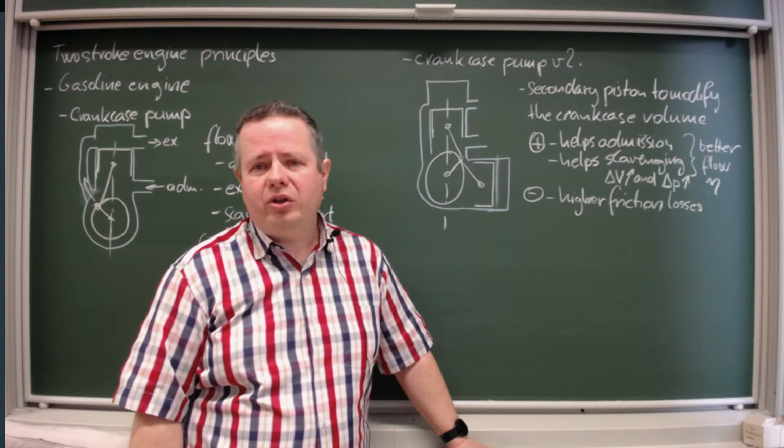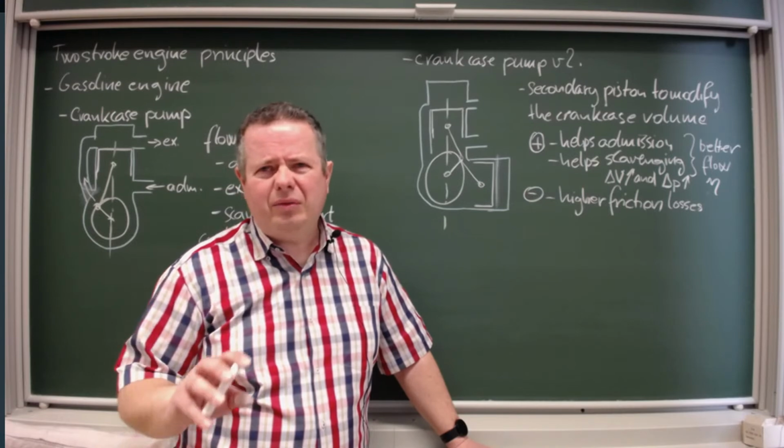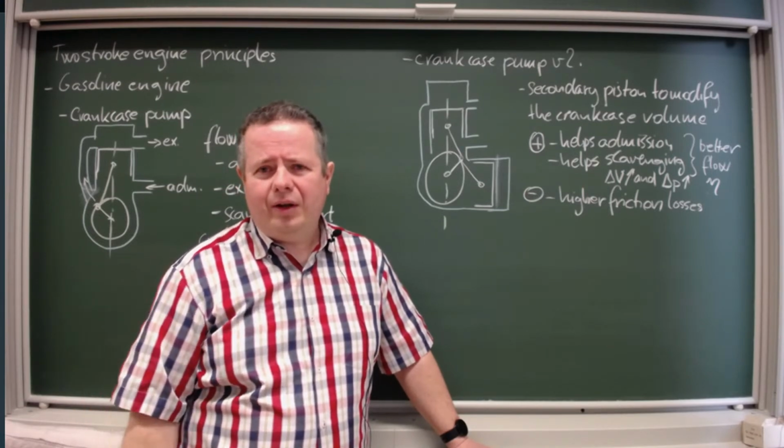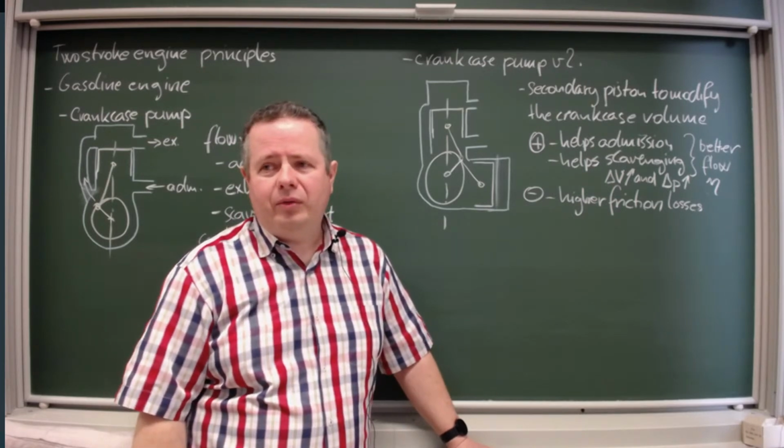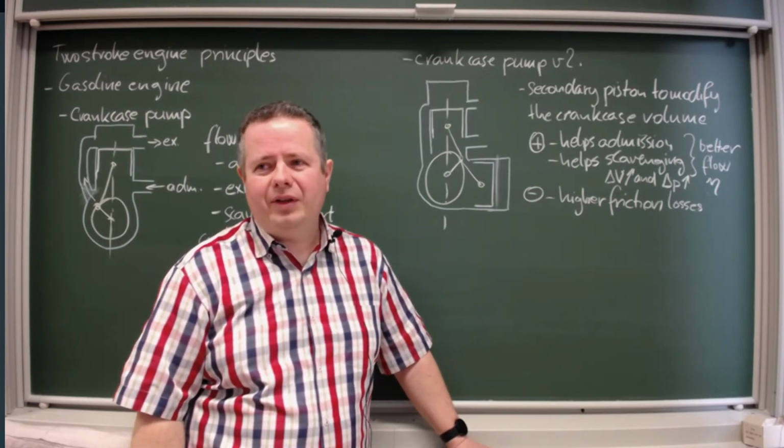A normal two-stroke engine has a specific consumption of about 250, 300 grams per kilowatt hour. An engine like that goes up to 400, 450 grams per kilowatt hour, so let's say 1.5 times an ordinary two-stroke engine's consumption.